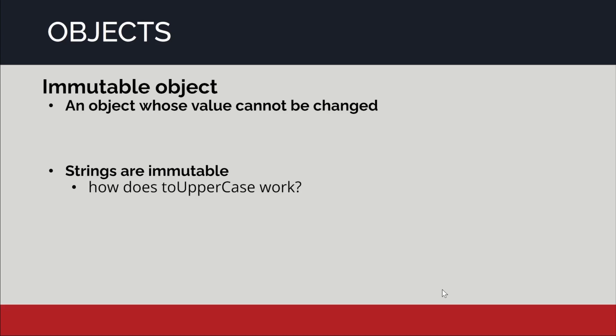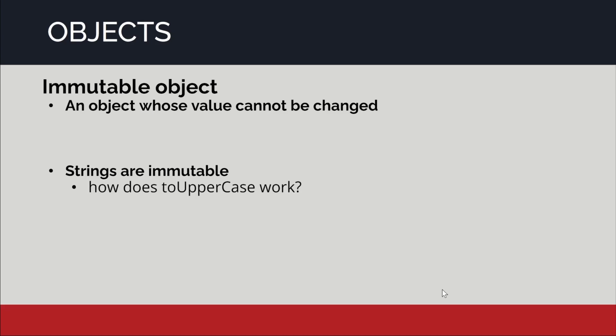Once it's created, it can't be modified. And so strings are actually immutable objects in Java, which is really the right thing to do. There are strings in other languages that are mutable, and that flexibility allows you to do some things and gives you some advantages, but it also leads to some really surprising and fun, and by fun I mean headache-inducing errors.